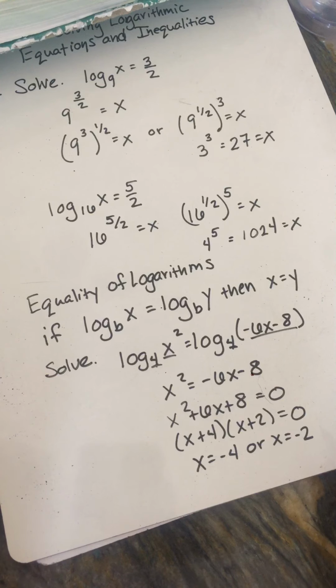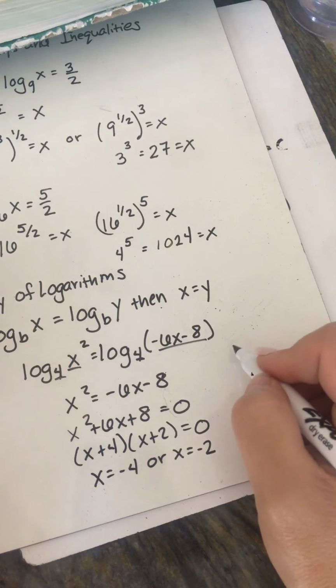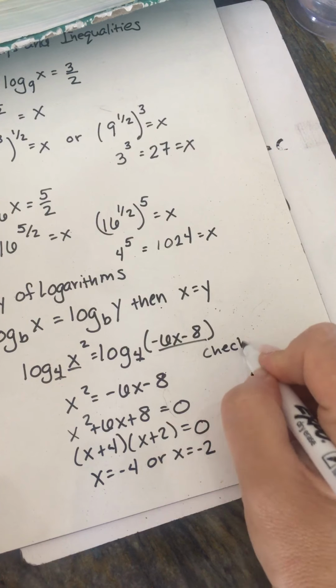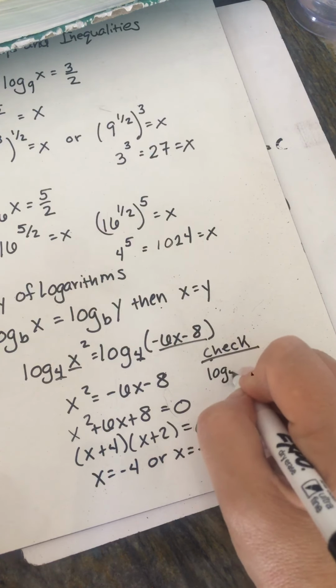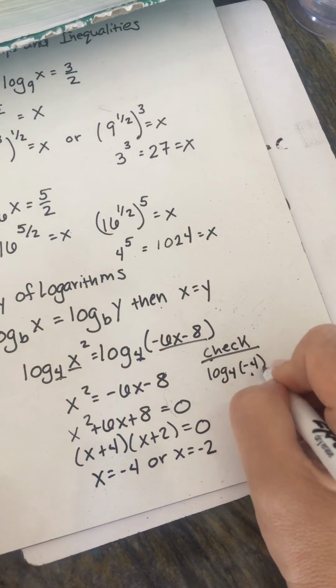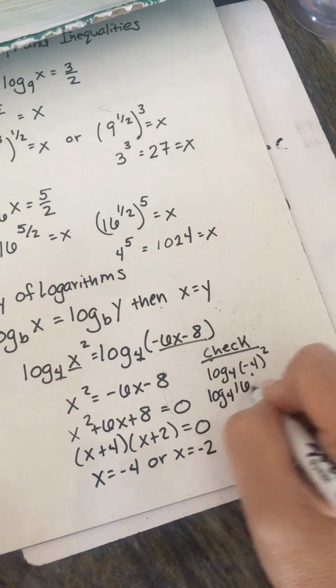So then we have to make sure that it works. Maybe one of these we'll have to toss out. So here we go. If we have x equal to negative 4, let's check it. Log base 4 of negative 4 squared. So that's log base 4 of 16.